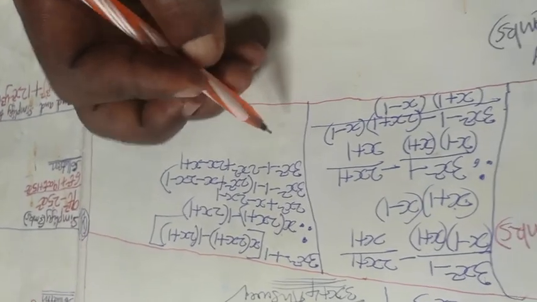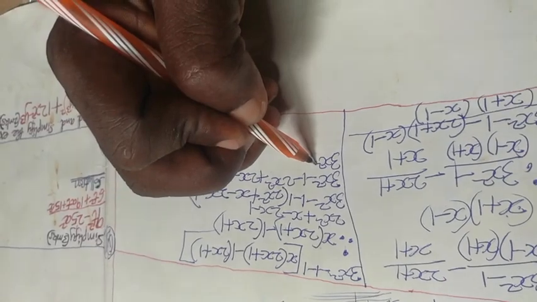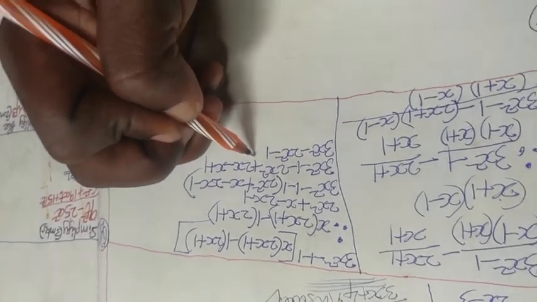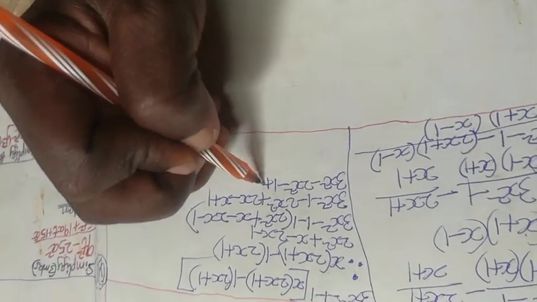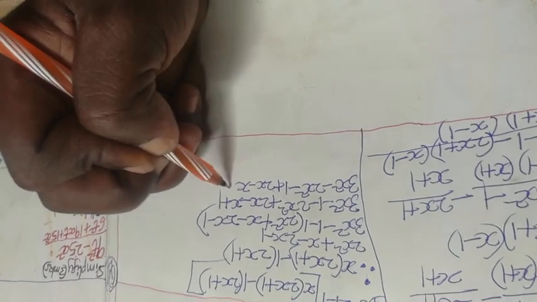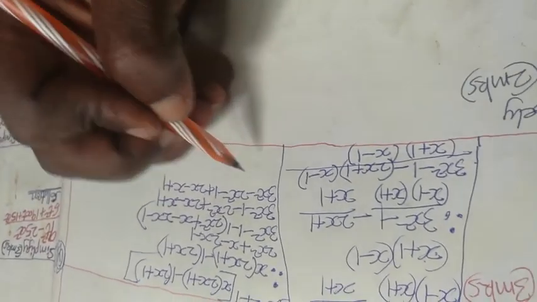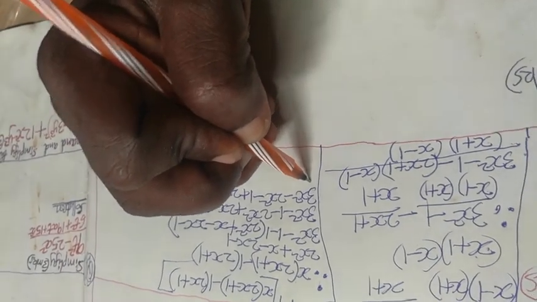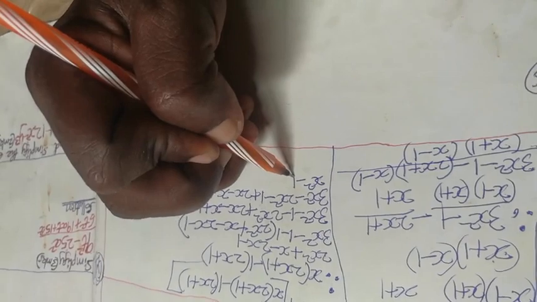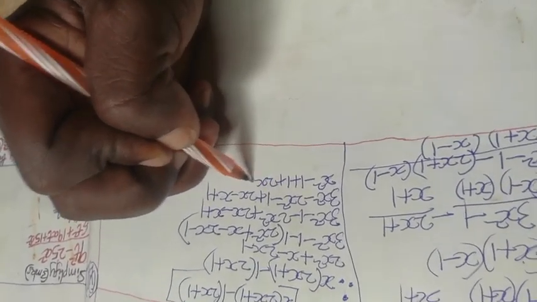This will give us 3x squared minus 2x squared minus 1 plus 2x minus x plus 1. This will further give us x squared minus 1 plus 1 plus 2x minus x.